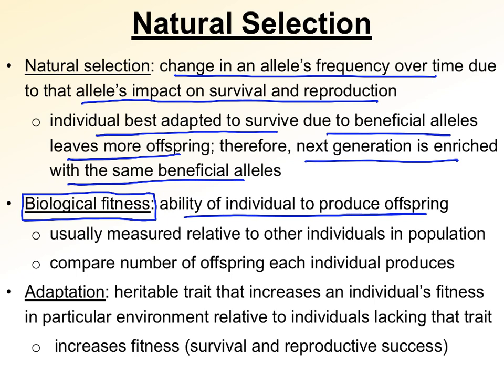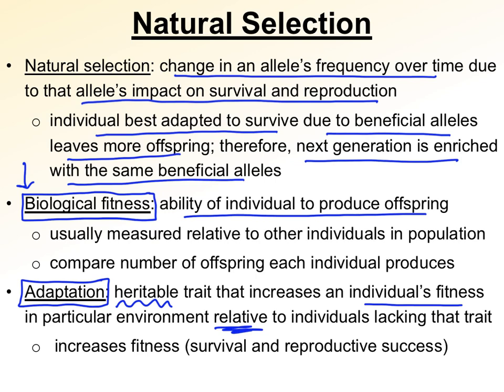Another term we want to be familiar with is adaptation. An important point, these are heritable traits, so things that can be inherited based on your genetics, that increase that individual's fitness. Again, this refers to biological fitness in a particular environment, because sometimes you're more fit in one environment versus another, depending on what the environment is and what the gene is, and relative to other individuals who lack that trait.